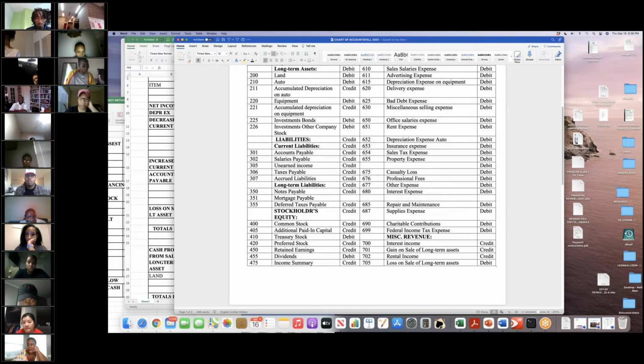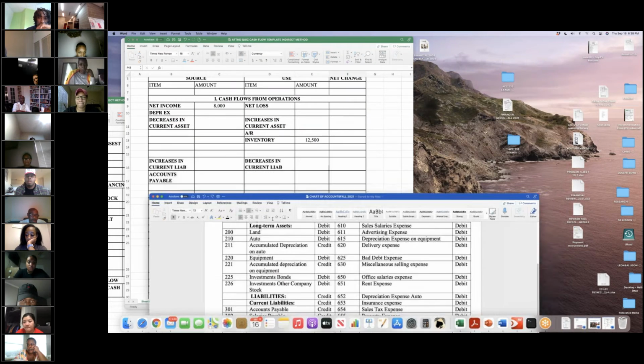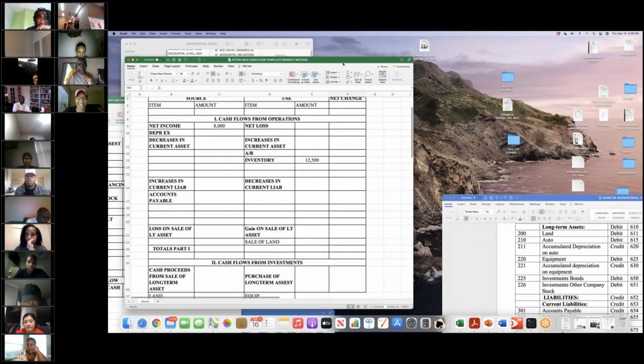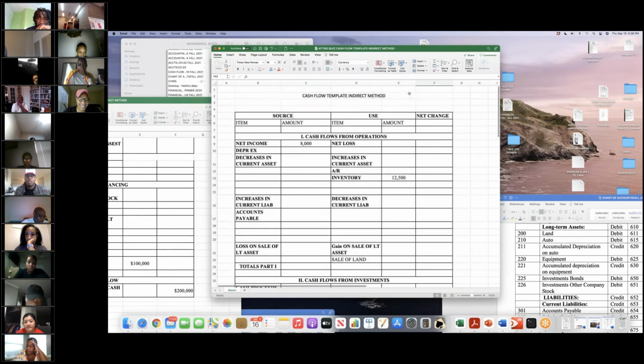So it's kind of laid out there with the template. The template says net income and net loss, depreciation, a decrease or increase in a current asset, a decrease or increase in a current liability.